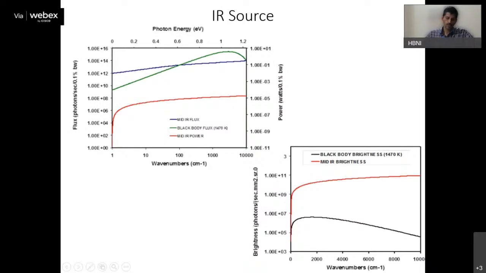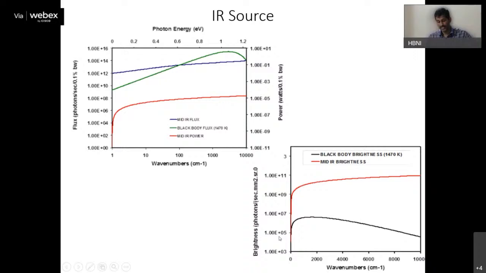When we talk about the source, you have a laboratory source whose flux is very high. In fact, the flux is higher than the flux of the synchrotron, but this is not important for the high pressure measurement, because in case of high pressure measurement, we are interested in the flux in a small area.